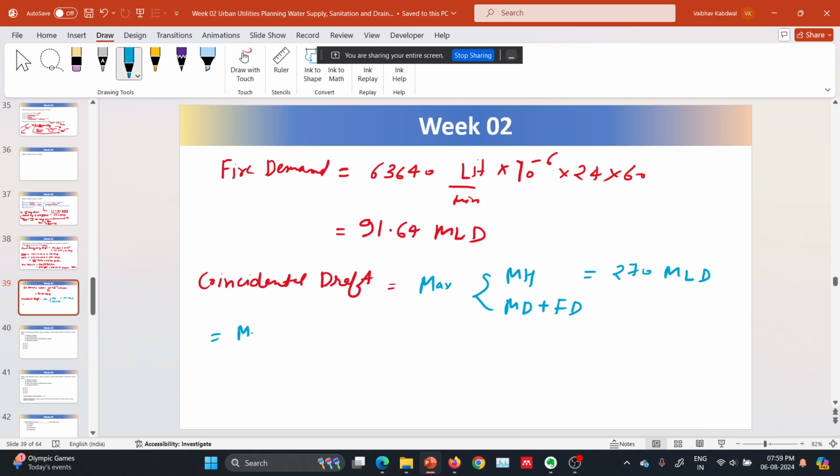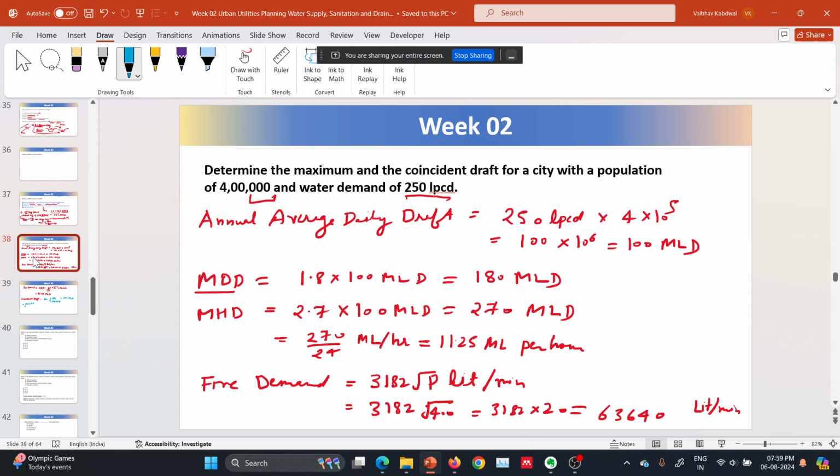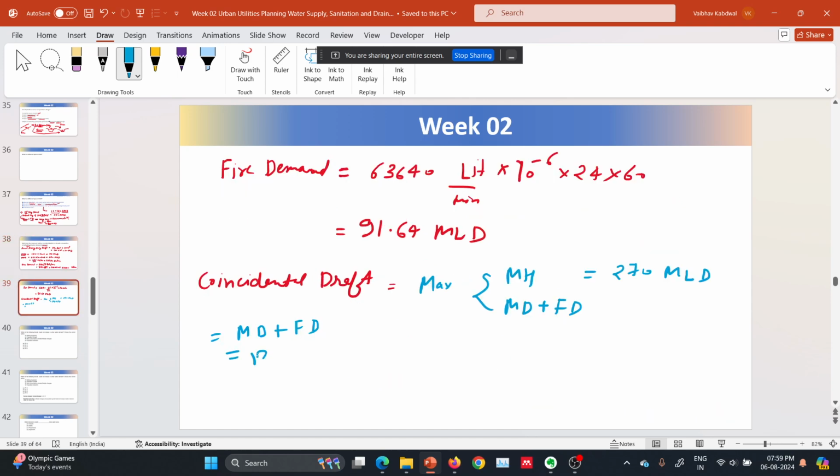And here maximum daily plus fire demand would be, what is maximum daily? Maximum daily was 180 MLD plus what is the fire demand? Fire demand is 91.64 MLD. So 91.64 plus 180 is 271.64 MLD. So this is the maximum.